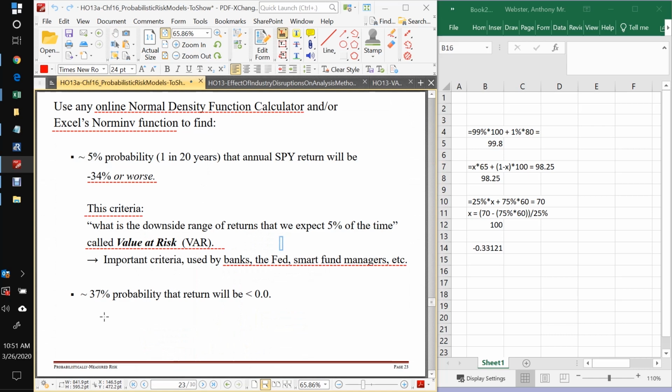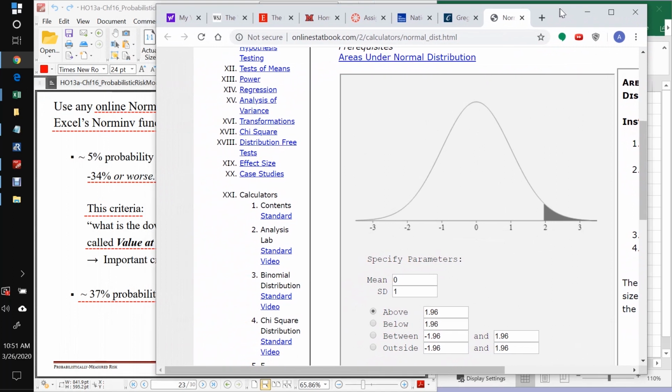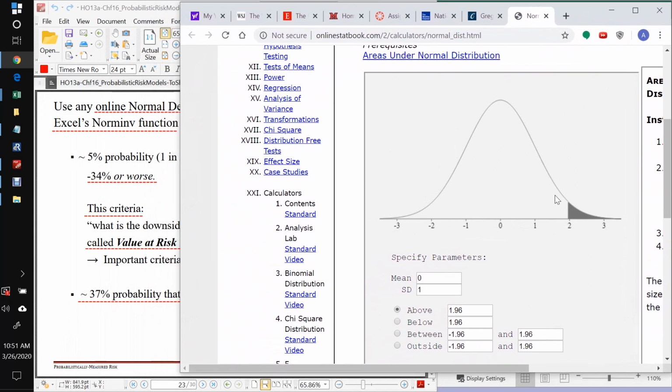Okay, so we can also use, let's say, a normal density function calculator to answer questions like this. This is a really good question that inquiring minds want to know: what's the probability that our return will be less than 0? We could use an Excel function for this, but I just want to show you that we could pick out any old online density function calculator to get this too.